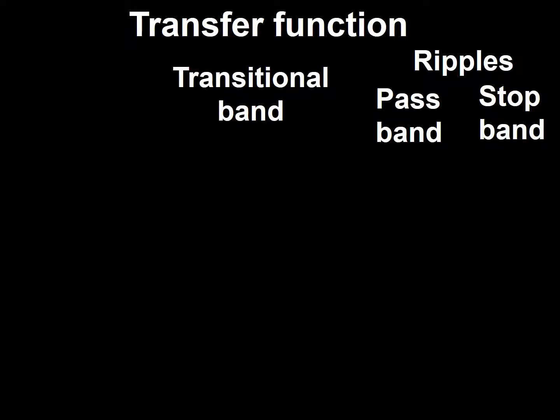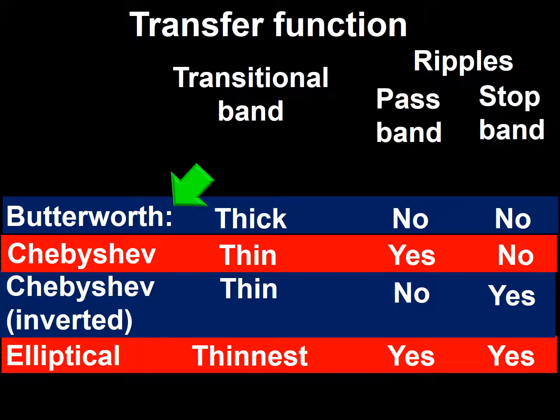Ripples can occur in the passband and in the stopband, as we have just previously mentioned. Butterworth has a thick transitional band and no ripples at the passband or stopband. Chebyshev has a thin transitional band and ripples in the passband, but no ripples in the stopband.